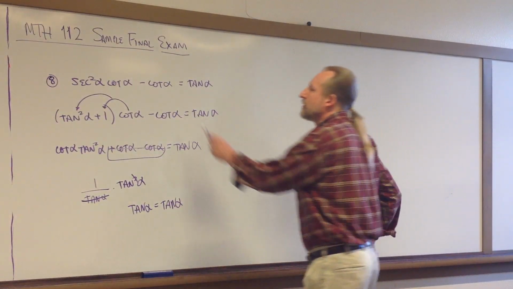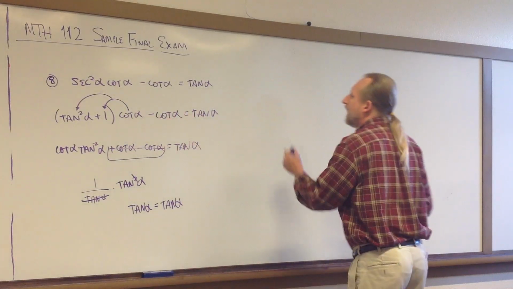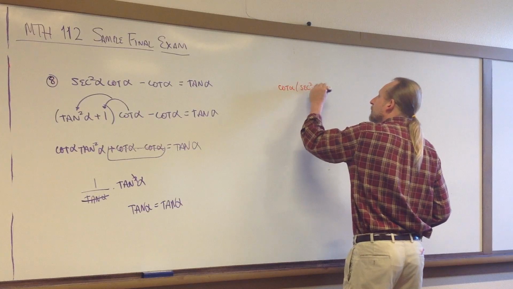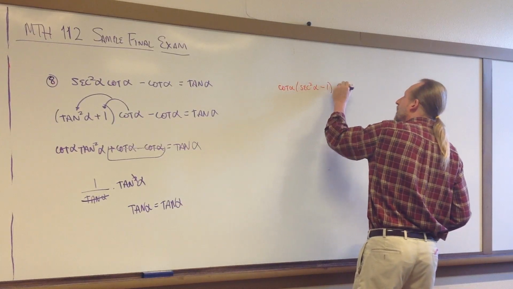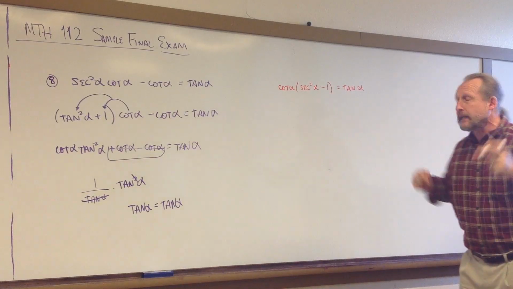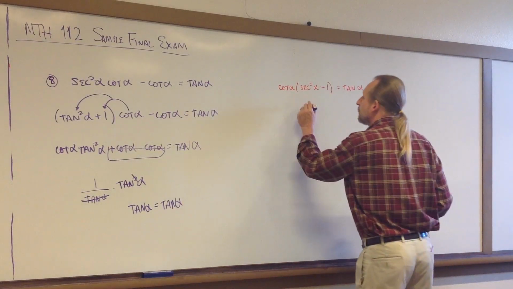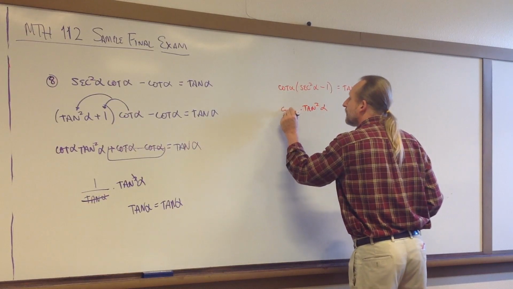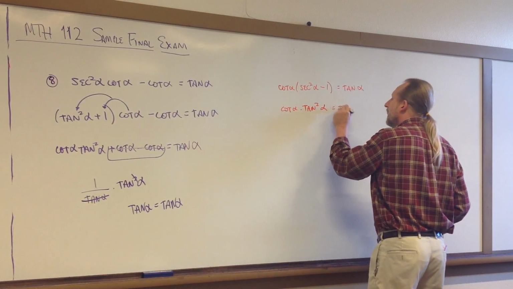The other thing that you can do, factor the cotangent out, and that'll leave you the secant squared alpha minus 1. And then if you go to your identities, secant squared alpha minus 1 is the equivalent of tangent squared alpha times cotangent alpha.